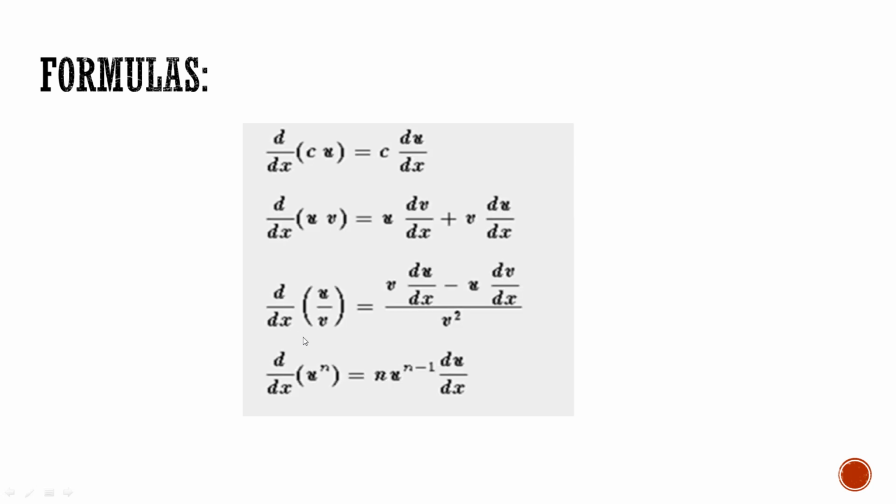However, if we have a function in terms of u that is raised to any exponent, just the same rule: we bring that down, copy the function u, then subtract one from that exponent n, and then derive the function, du all over dx.